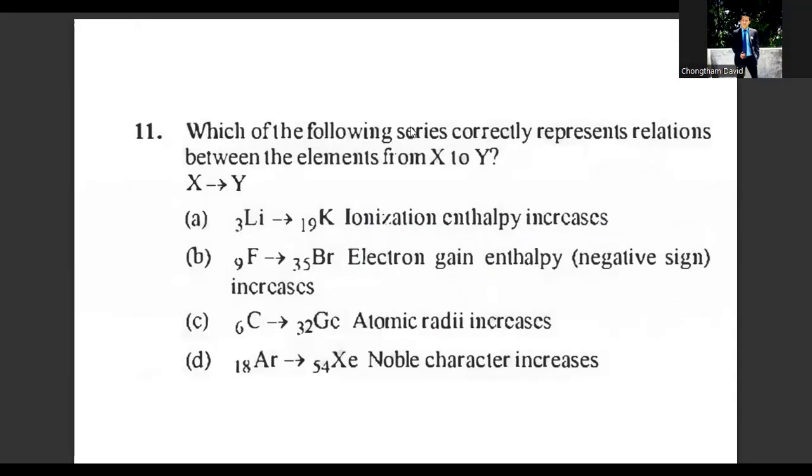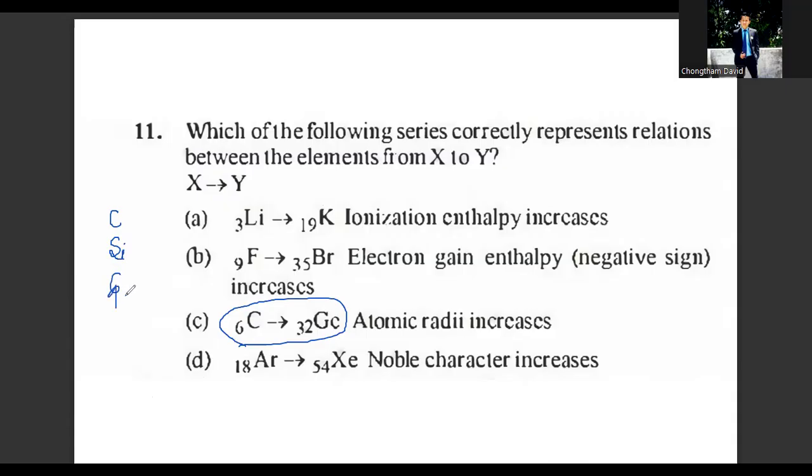Let us see question number 11. Which of the following series correctly represents the relation between the elements from X to Y? Okay, so on moving down the group, the atomic radii is bound to increase. These are the elements of group 14: carbon, silicon, germanium, tin, lead. As usual in the classroom, I always explain by giving mnemonics.